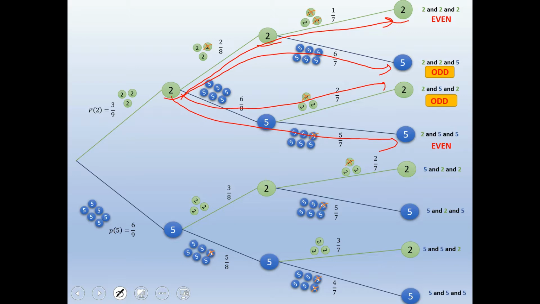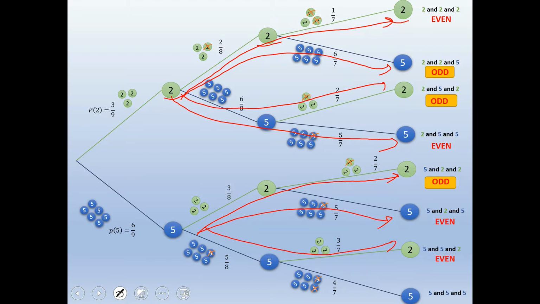And this branch, 5 plus 2 plus 2, is an odd number. So this will be our third selection. The sixth branch is an even, and this branch as well is an even number. While the last one, 5 plus 5 plus 5, is 15, so this will be our last selection, P of 5 and 5 and 5.